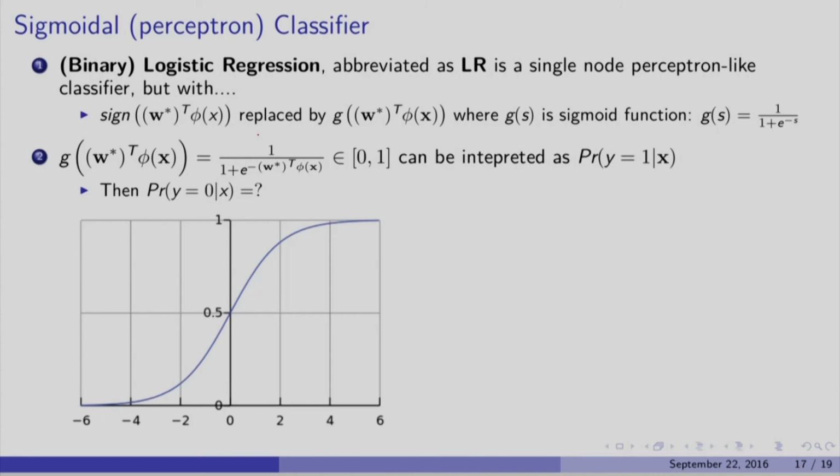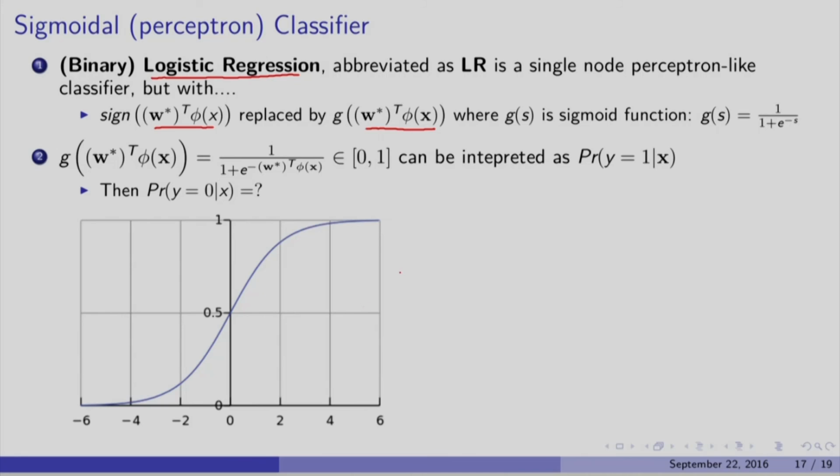The sigmoidal perceptron classifier, also called the logistic regression classifier, is a single node perceptron-like classifier where the sign of w star transpose phi x is replaced with some other function g of w star transpose phi x, where g is a sigmoid function, and g(s) is basically 1 divided by 1 plus e raised to minus s.